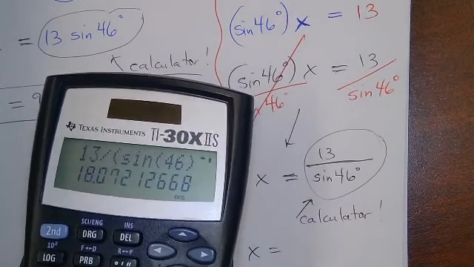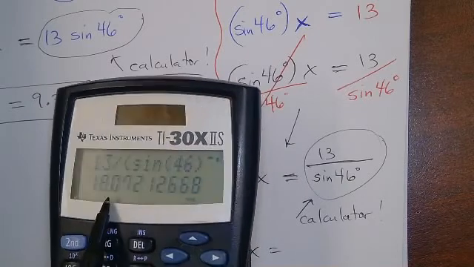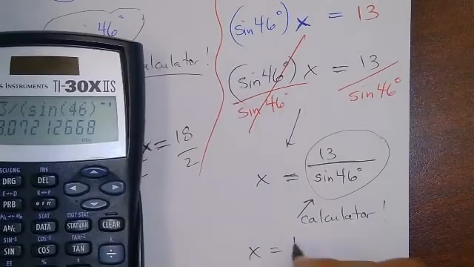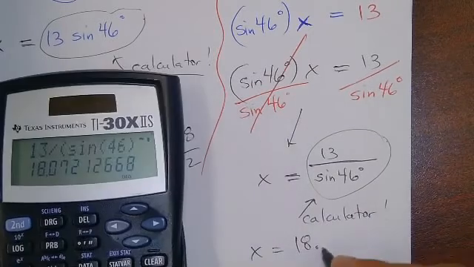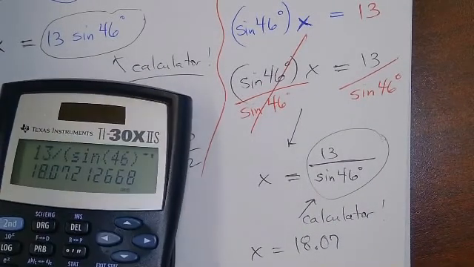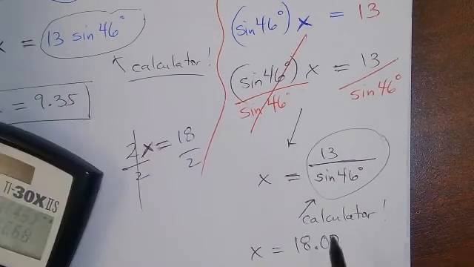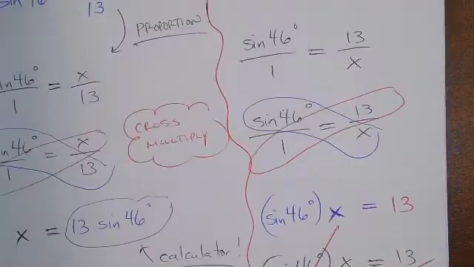Because it has a bunch of numbers after it. If you did it like this, can you guys see those? Yeah, it has a bunch of numbers after it. We don't want to write all that. Let's just make it look like $18.07, like that. Are we good? Is that good?